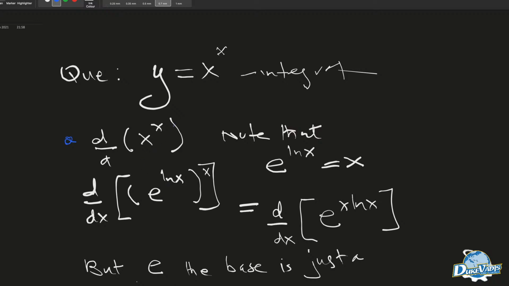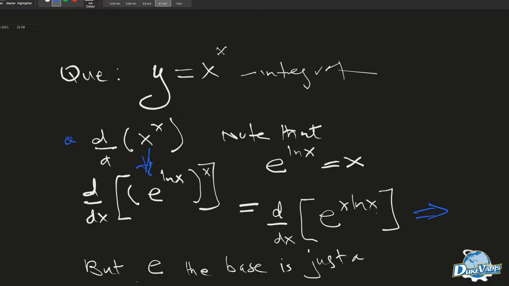This can be written as e raised to the power natural log of x, and since we know that e raised to the power natural log of x is equal to x, we bring this one out over here. Then the x is still out, and when we multiply, we have this.